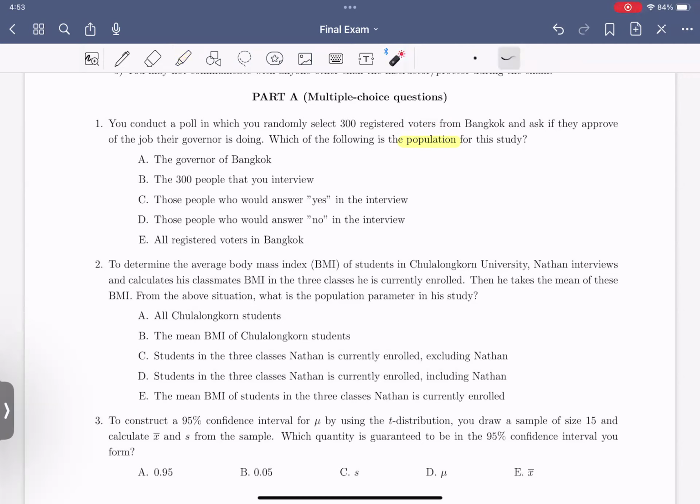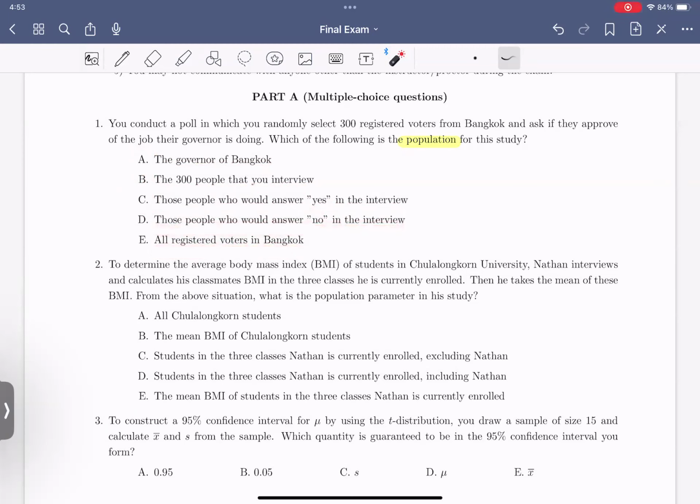So what is going to be the answer to this question? Let's take a look at the choices. Choice A is the governor of Bangkok. Choice B is the 300 people that you interview. Choice C, those people who would answer yes in the interview. Choice D, those people who would answer no in the interview. And choice E, all registered voters in Bangkok.